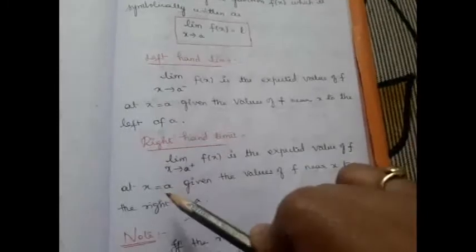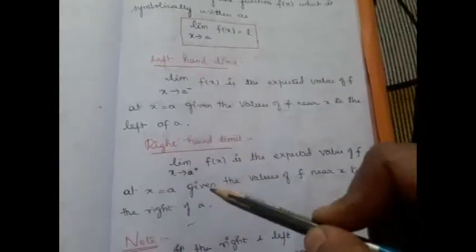Right? It is called a left hand limit. Right hand limit means it is the expected value of f at x equal to a given the values of f near to x to the right of a. Only when both left and right hand limits coincide, we call that common value the limit of the function, and we will denote it by limit x tends to a f of x.